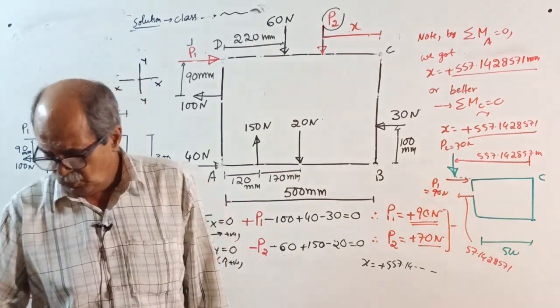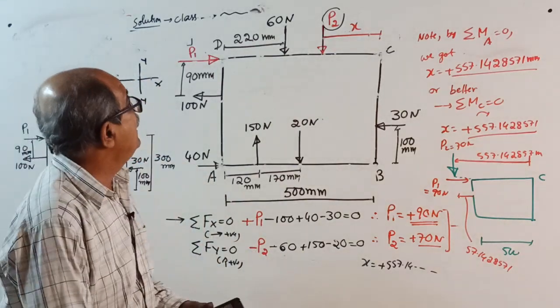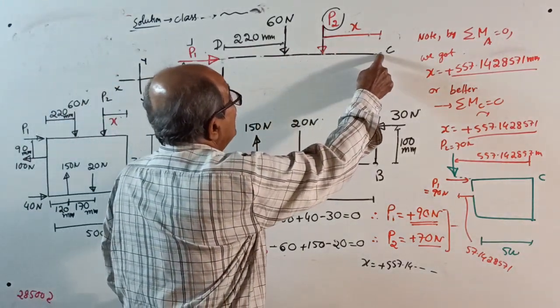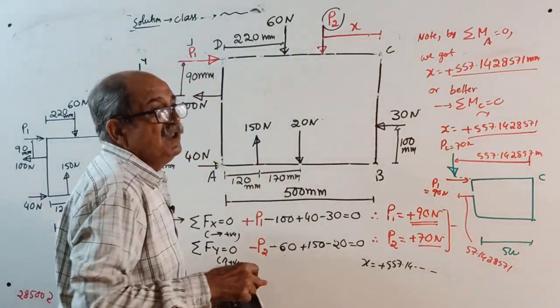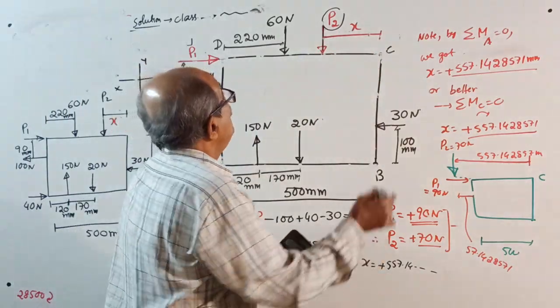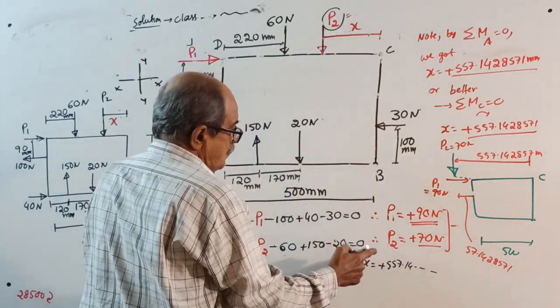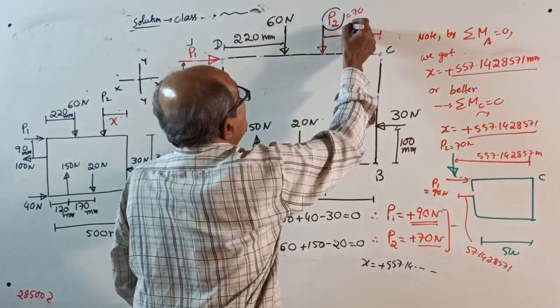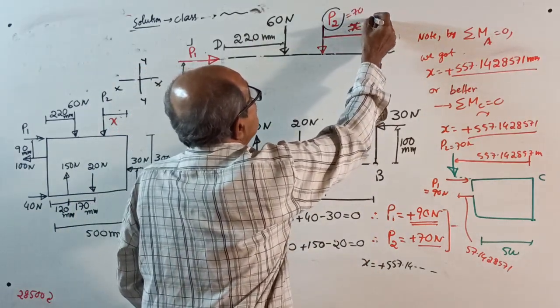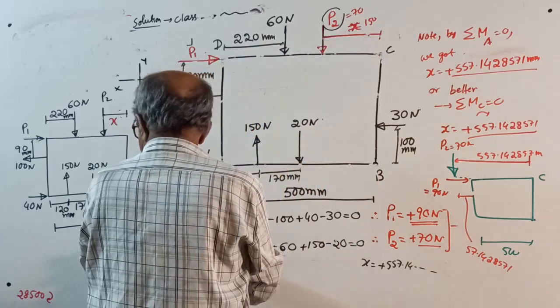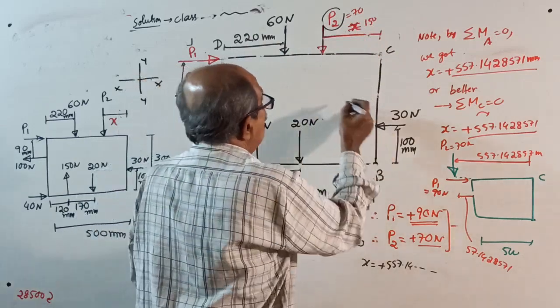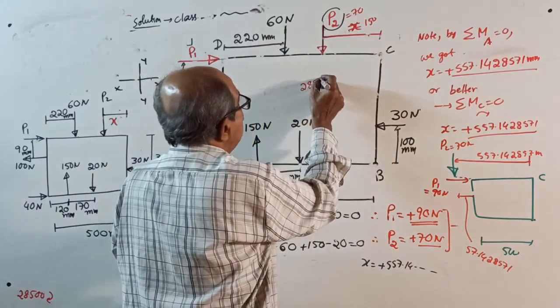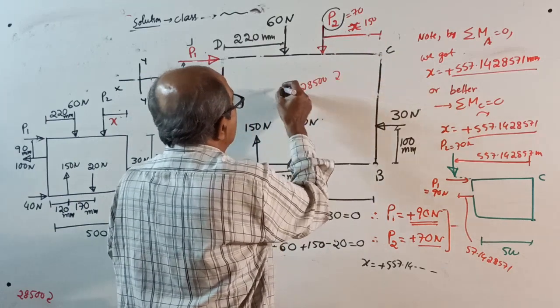Find it. What I will do is, when I found moment about C earlier, for those who can understand, P2 was 70 and this distance was given 150 mm, and the moment came 28500 clockwise, Newton millimeter.